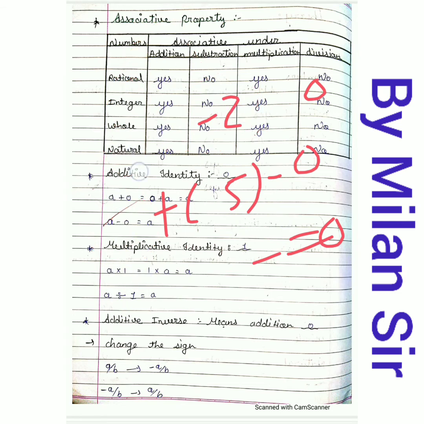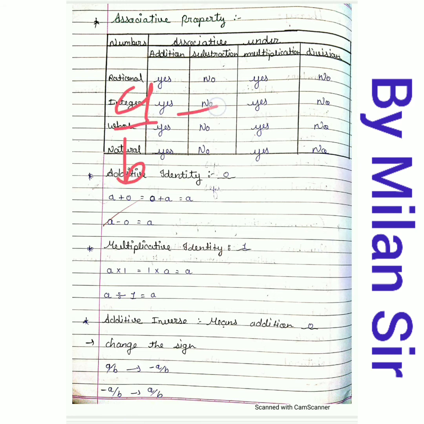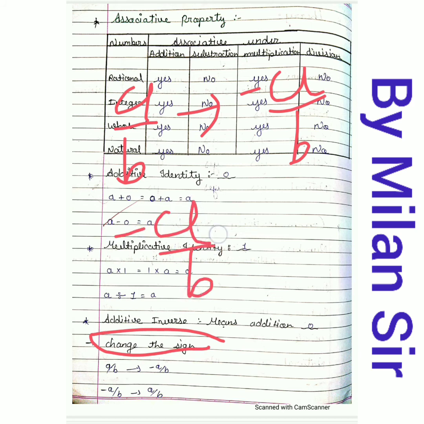So here I have written it for a rational number. If a by b is there, the additive inverse is minus a by b. I just need to change the sign only. If minus a upon b is there, I need to write plus a upon b. We do not need to change the position of the numbers.